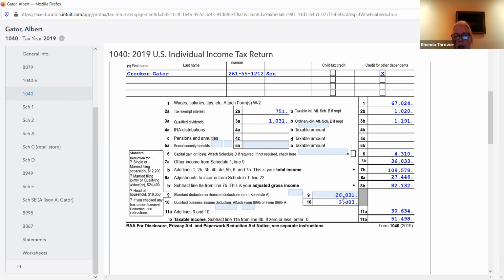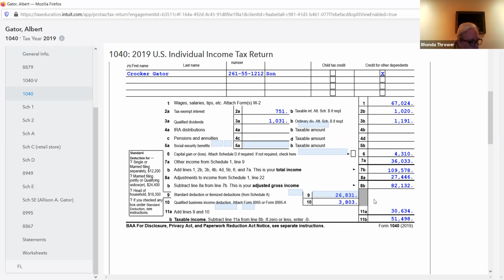And because we had business income this time, we now have a qualified business income deduction. That is going to be calculated for you, and I believe that it's calculated for you in ProConnect. So I don't remember you having to do that.